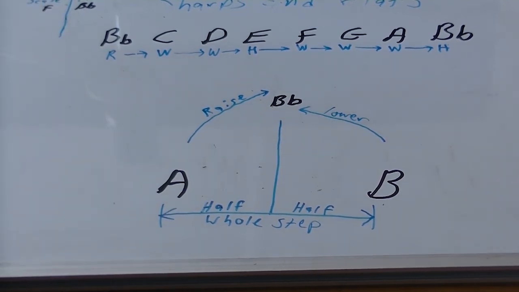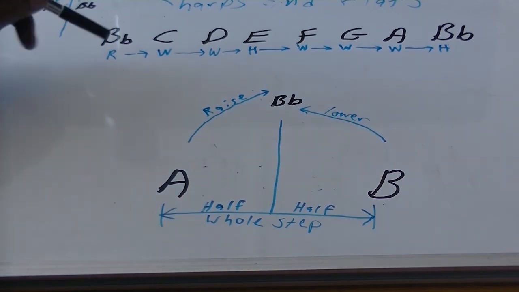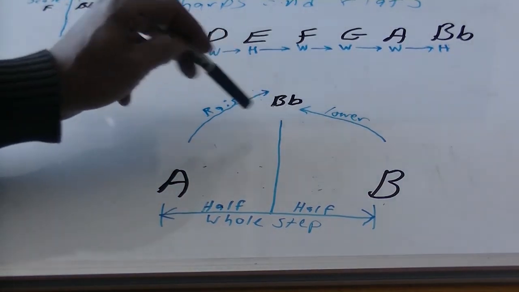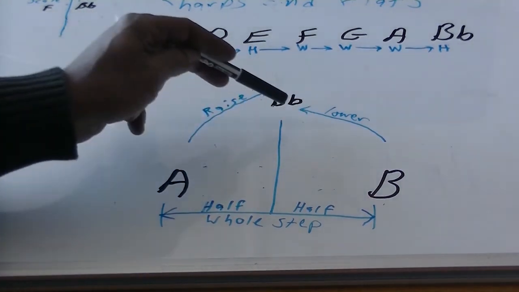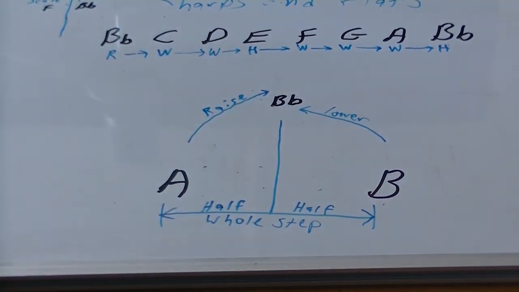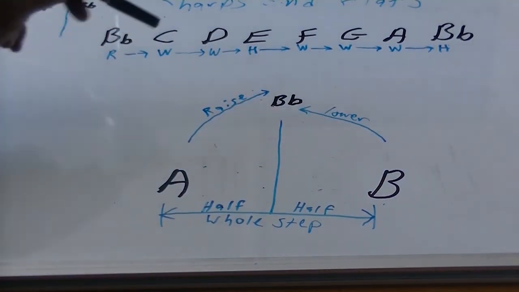So when we're moving from a flat note, it's important for us to get our head around the fact that the B flat note is in between A and B, and it's a half step below the B. So we need to go up a whole step.